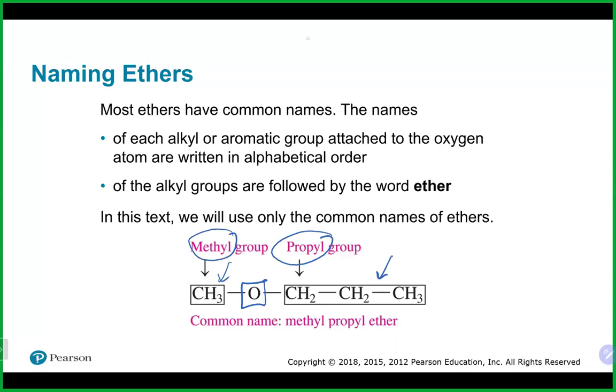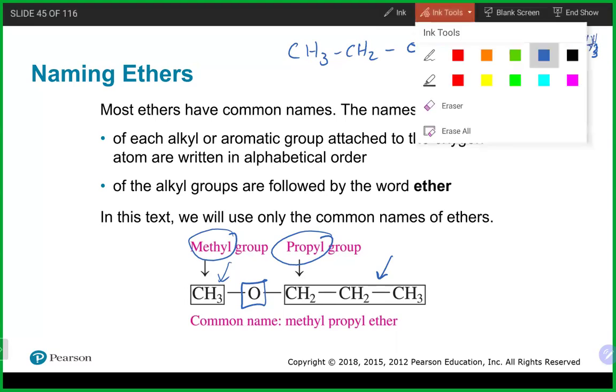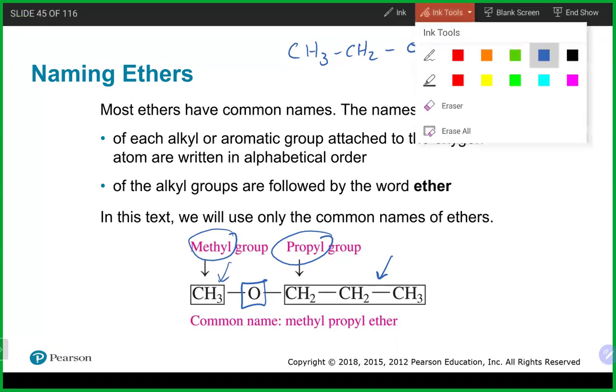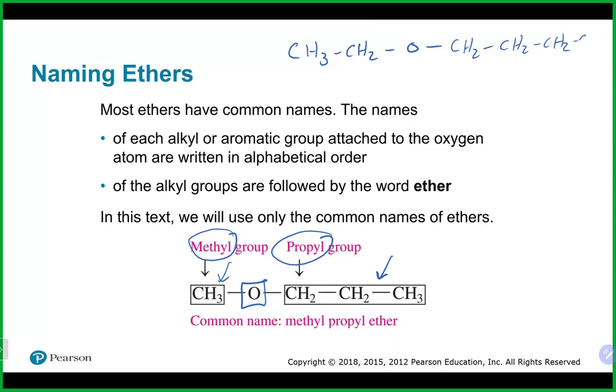So if we had, say, something like, what would that one be? And then if I could get the H in there without butchering it, let's try that again. Let's do that.